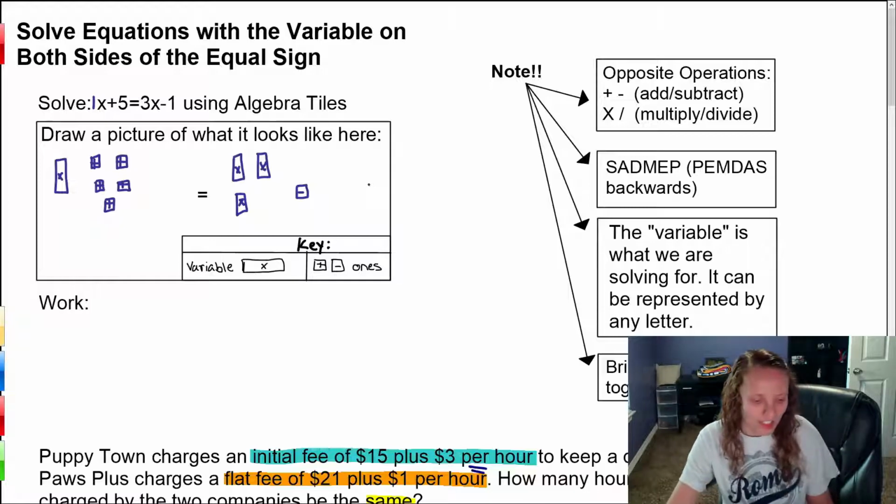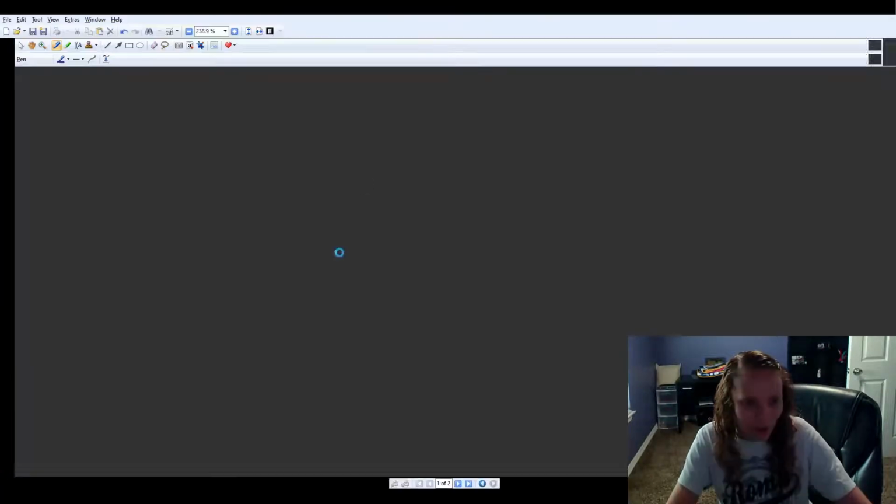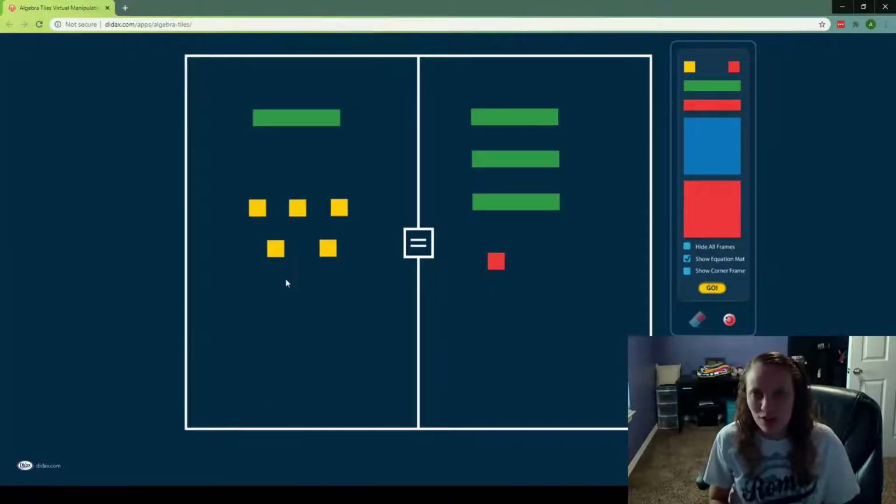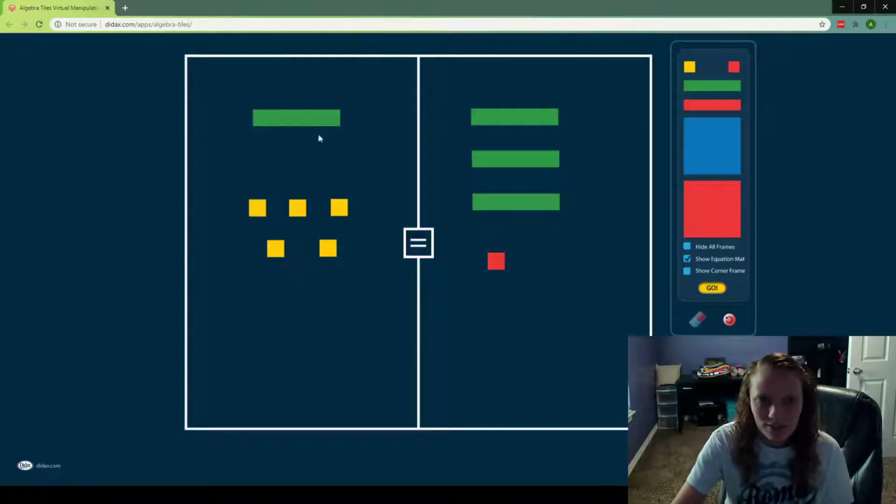Now I want us to go to a different page, and I'm actually going to solve it using algebra tiles first. So again, we have 1x, okay, green is positive, plus 5, so these yellow squares, these are positive 5, and then equals 3x, and then red is minus 1.